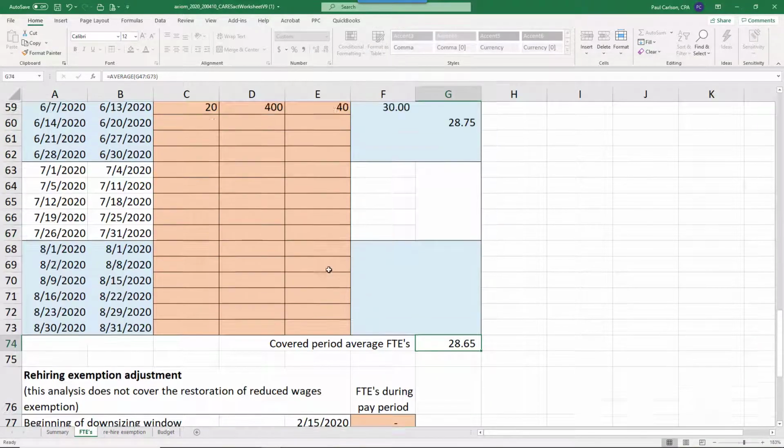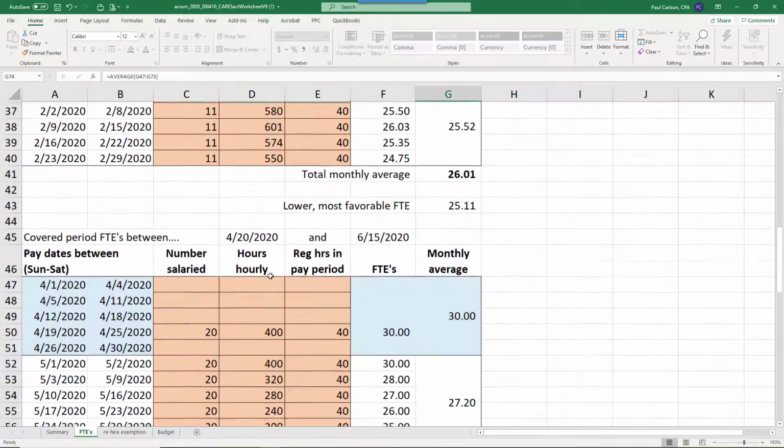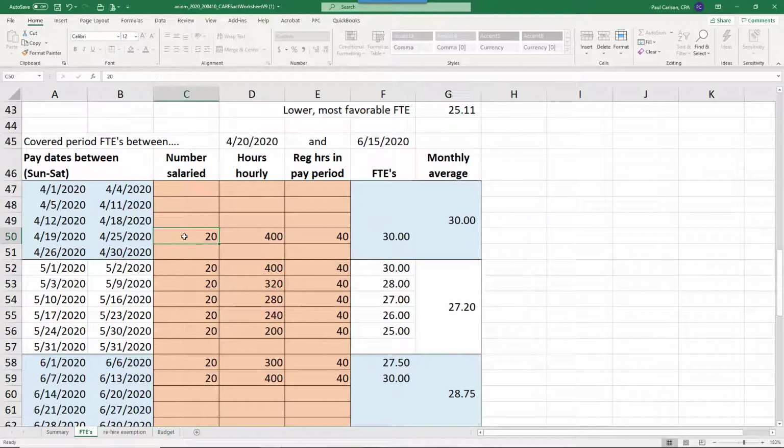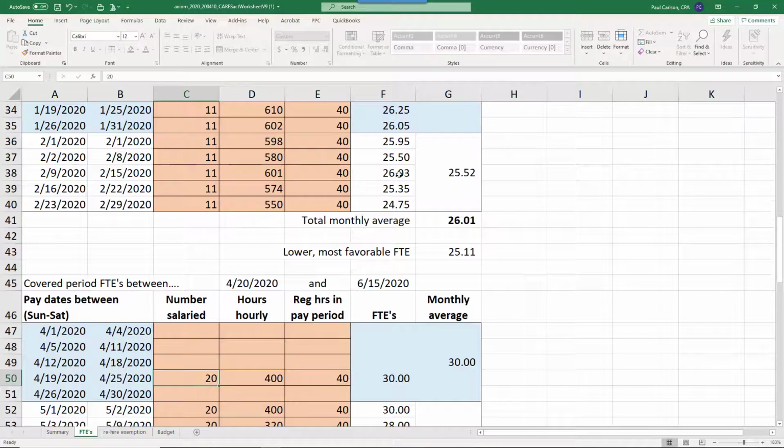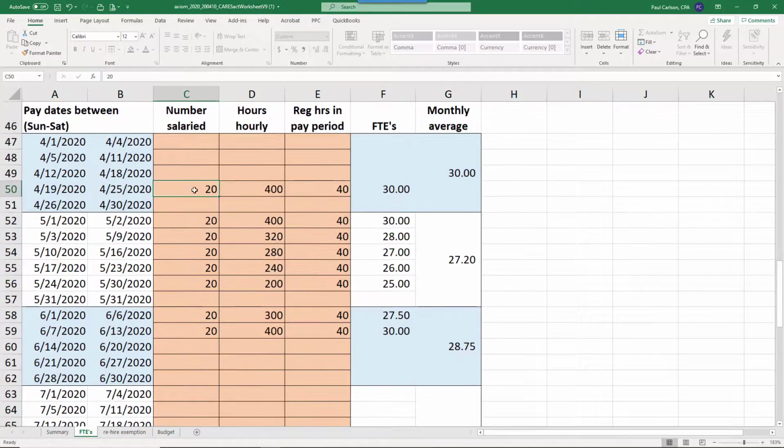So let's go back, and instead of maintaining our numbers, up here we had 25, here we had 26. So let's crank this down to say we dropped everyone down to 10 full-time equivalents or 10 salaried employees within the firm.